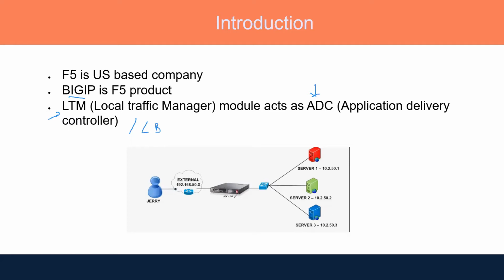The user accesses the application from the front end, and your F5 is distributing those queries to different backend servers. For this, in F5 you enable the LTM module, so that this BIG-IP device can do the load balancing.